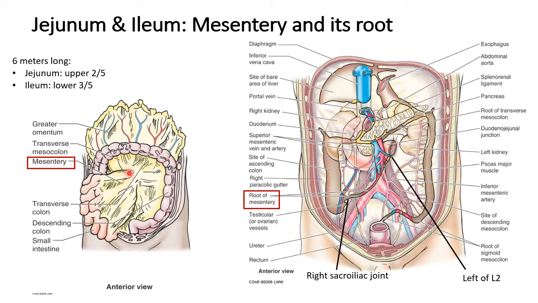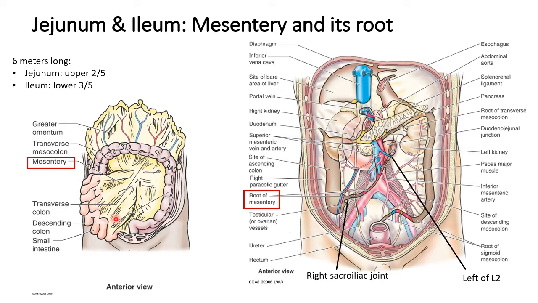So this is the mesentery of the small intestine, which attaches the small intestine to the posterior abdominal wall, and in the mesentery there will be the blood vessels, the nerves, and the lymphatics, which reach the small intestine, and also some fat.